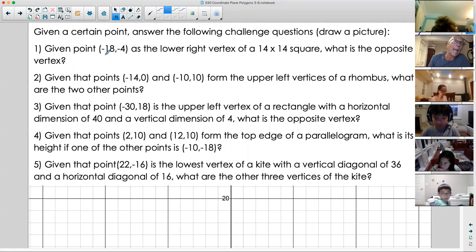Given point -18, -4 as the lower right vertex of a 14 by 14 square, what is the opposite vertex? So I want you guys to draw it and try to answer that question.